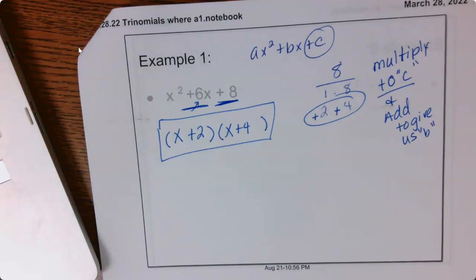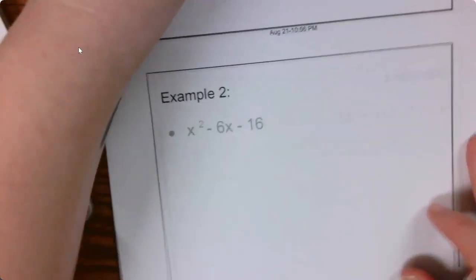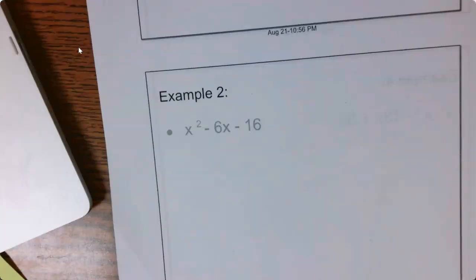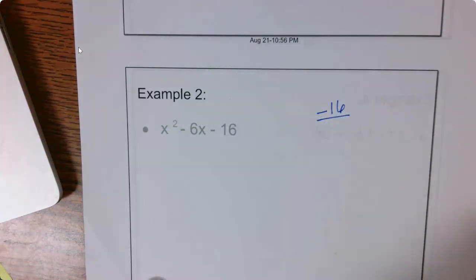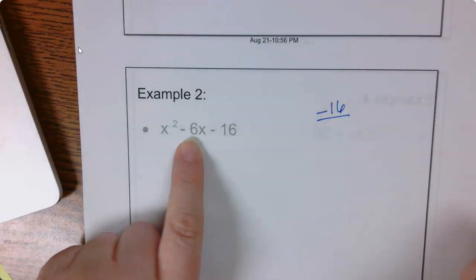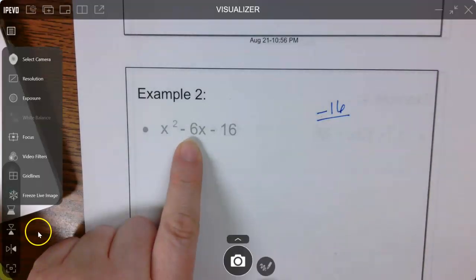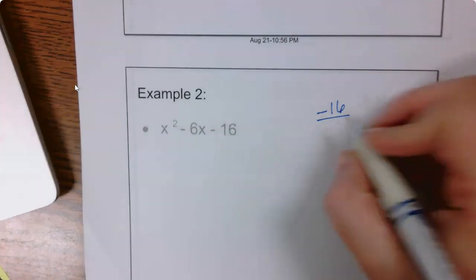Okay? Example 2. Ooh, we have some negatives here. So we want two numbers that multiply to give us negative 16, but add to give us negative 6. So what are some numbers that multiply to give us negative 16?